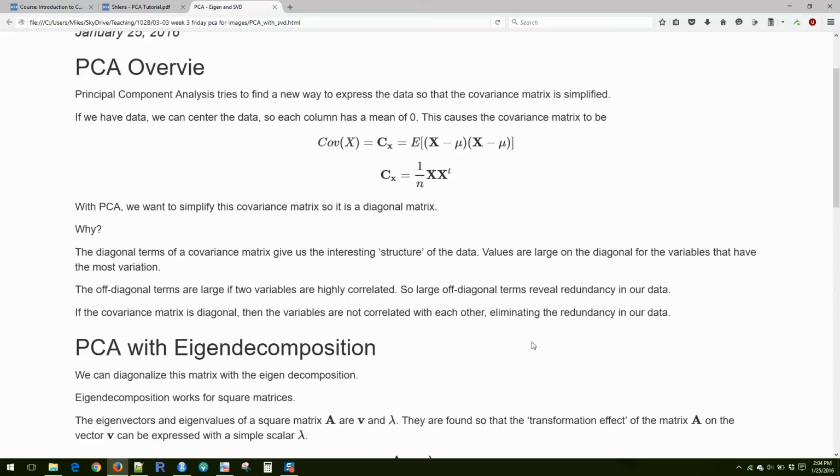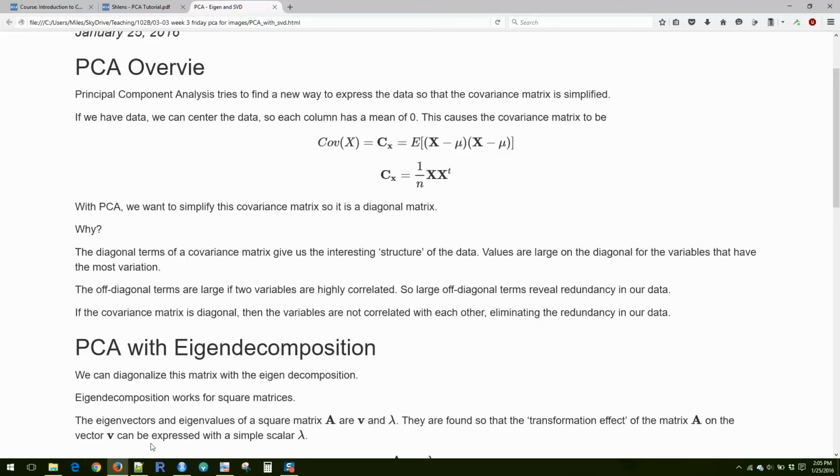And so with principal component analysis, we're trying to find orthogonal vectors that will have, by definition, no redundancy, okay? But we want to maximize the variation that's captured. So essentially, at the end of PCA analysis, we want our covariance matrix to be a diagonal matrix, okay?